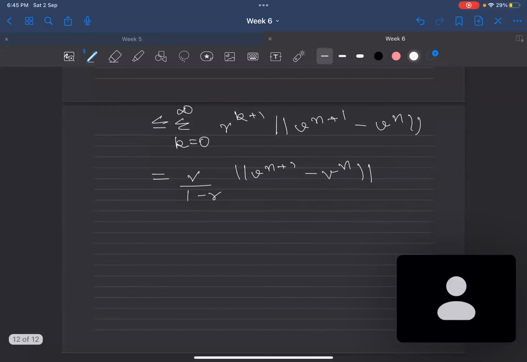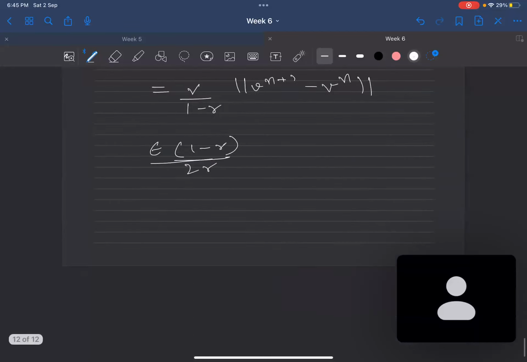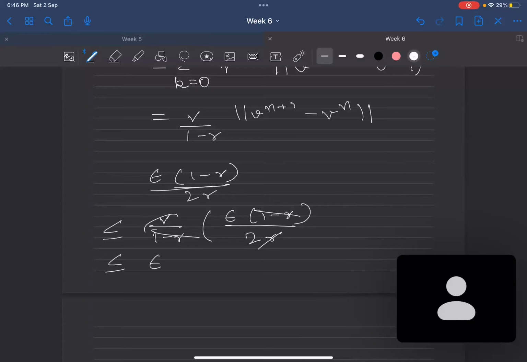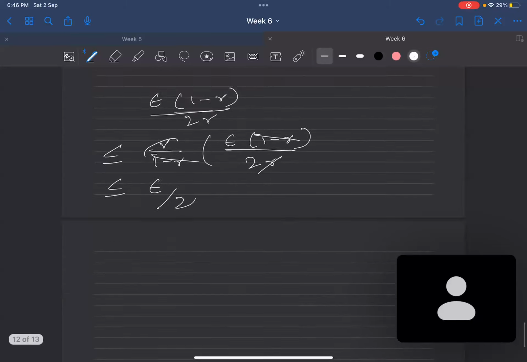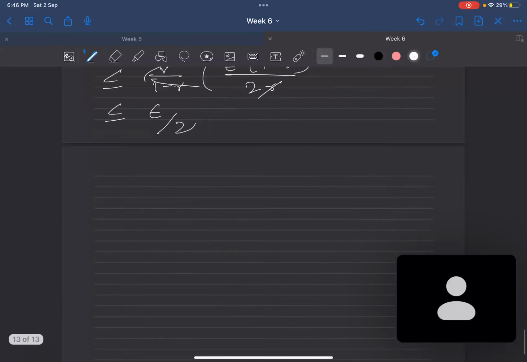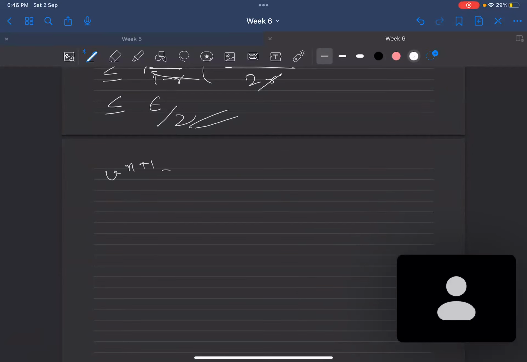Now we know that Vn plus 1 minus Vn is less than the stopping criteria, epsilon times 1 minus gamma over 2 gamma. When we plug in the value, we are getting epsilon by 2. Similarly, for the upper equation as well, we'll get epsilon by 2. Then we can say that Vn plus 1 minus V star is less than epsilon by 2.